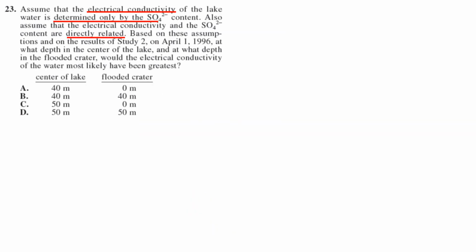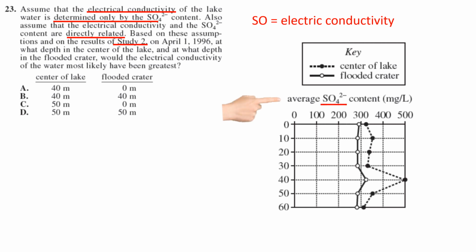Number 23, assume electric conductivity is determined by SO4 and they are directly related. So SO4 equals electric conductivity. So we're looking at study 2, which is the 1996 study. We want to know at what depth in the center of the lake and the flooded crater would electric conductivity have most likely been greatest, right? So we're going to go the greatest because electric conductivity is the same as SO4, so we're just using that chart.